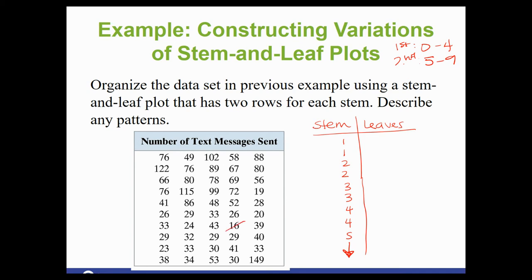So if we go back, 16, there's only one number in the tens, and then in the second row, we'd put that 6.